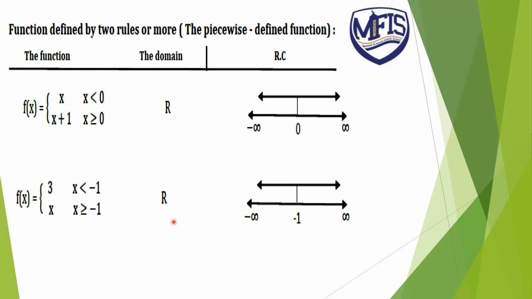If we draw the number line, we have -1 in the middle, and 3 is the function when x is smaller than -1, to the left, and x when x is greater than or equal to -1. Then we have the number line all. So the domain of this function is R.